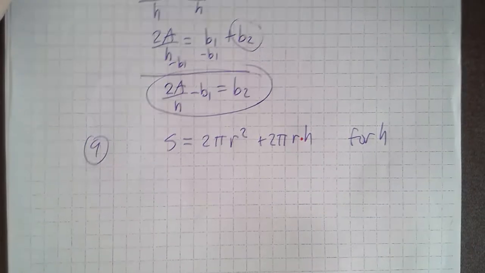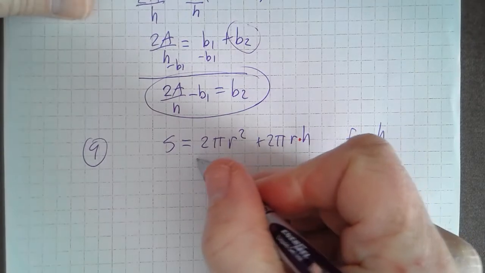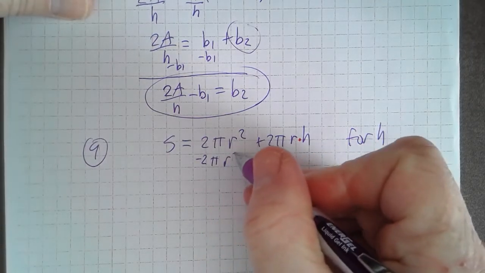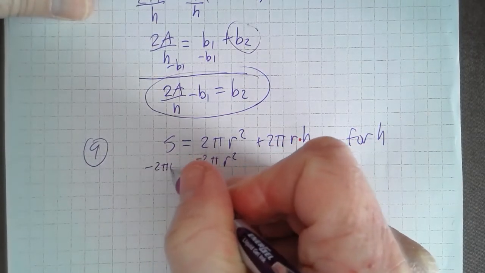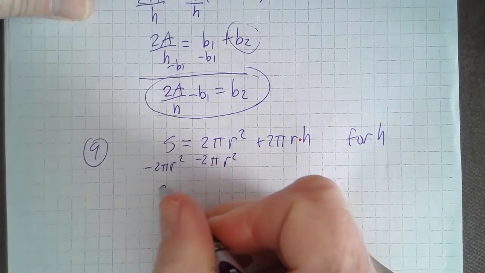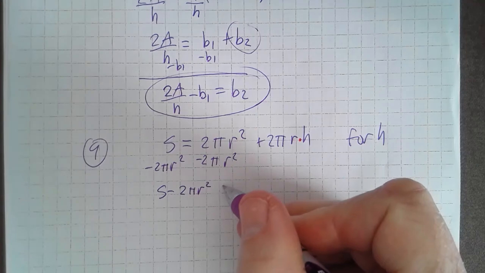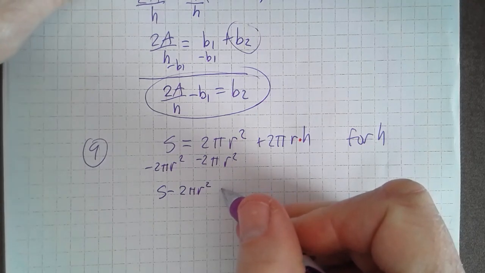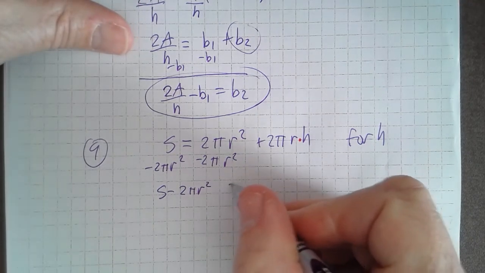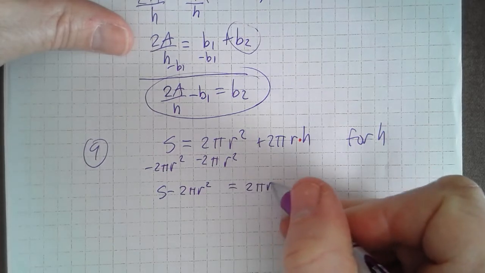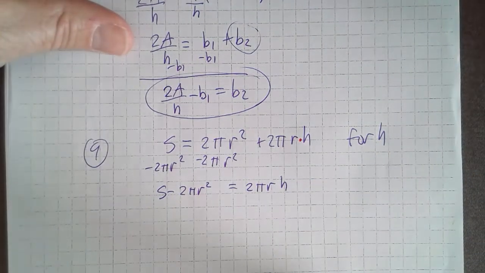Alright, and here is the answer. We're going to subtract over the 2 pi r squared. So it's s minus 2 pi r squared is equal to 2 pi r h. Okay, that's correct.